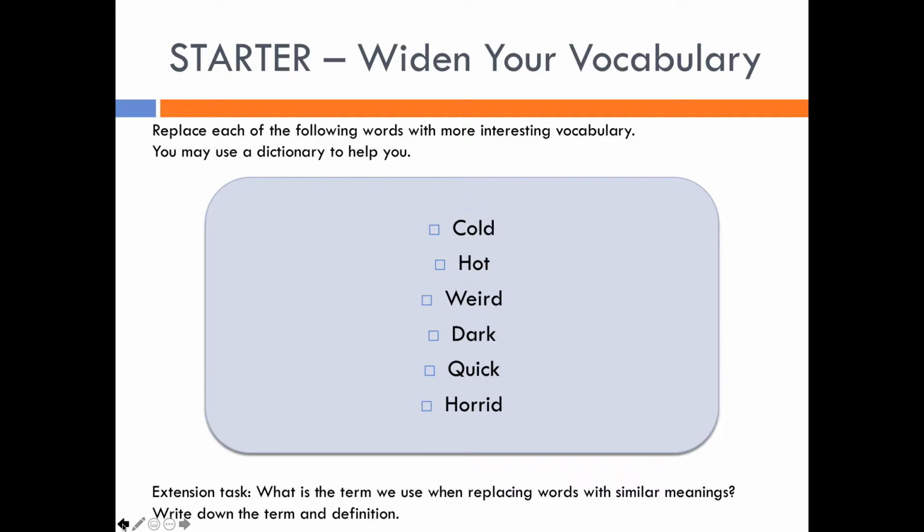Okay, have you done that? Obviously there's no right and wrong answer as such here. There's a number of different words you could have chosen. So for cold, you could use chilly, freezing, although technically freezing means very cold. Hot, you could use boiling, again technically means very hot. Weird, you could use strange or bizarre.